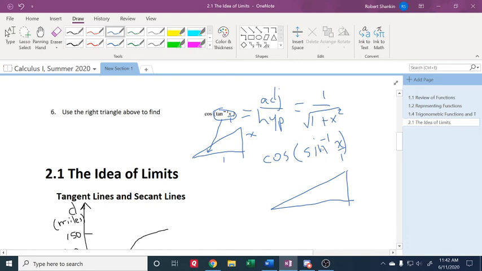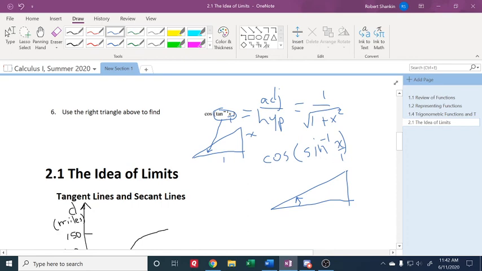That's correct. If it was the cosine of the inverse sine, instead of saying cosine times the inverse sine, we'd have to be careful to say cosine of the inverse sine, because this is a function and that's a function. Cosine of the inverse sine of x. The inverse sine of x is the angle, and it goes right here. It's the angle that when you take its sine, you get x over 1.